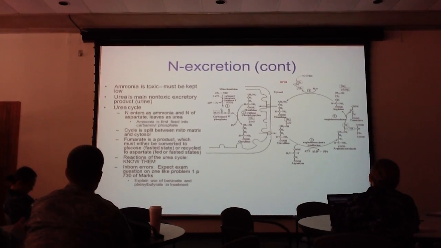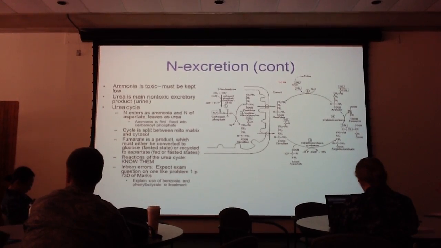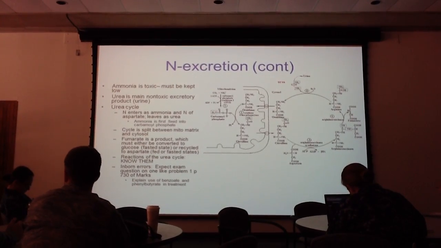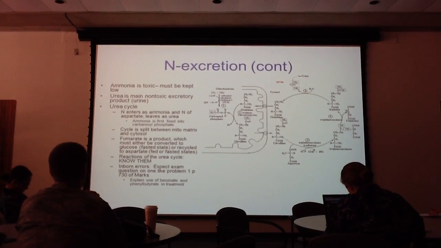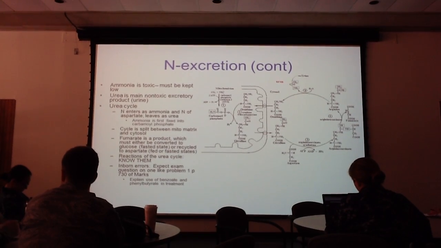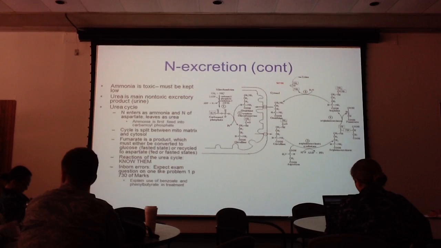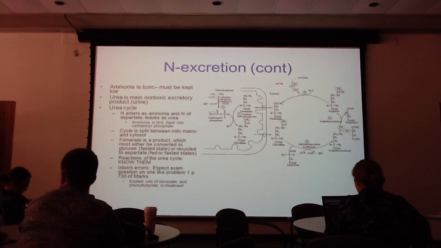Conversely, a patient is brought in, and what's the usual thing? Lethargic, vomiting, hyperventilating. And then you're given a bunch of lab tests. There's high ammonia, there's low this, there's high this, there's low that. You've got to figure out what enzyme is defective. So it starts with carbamyl phosphate and any of these enzymes here.